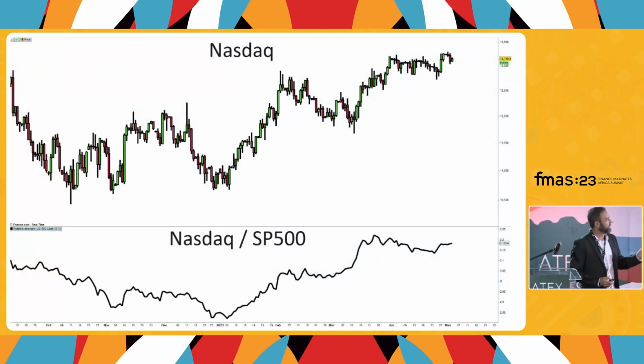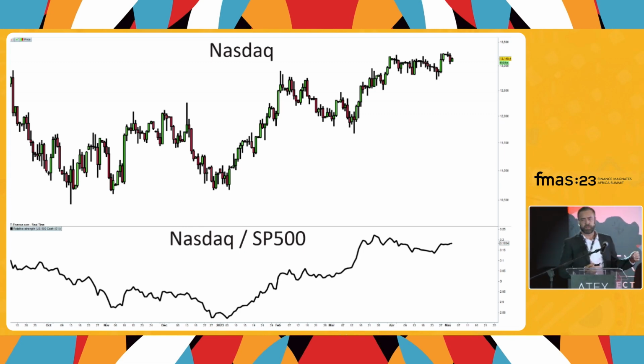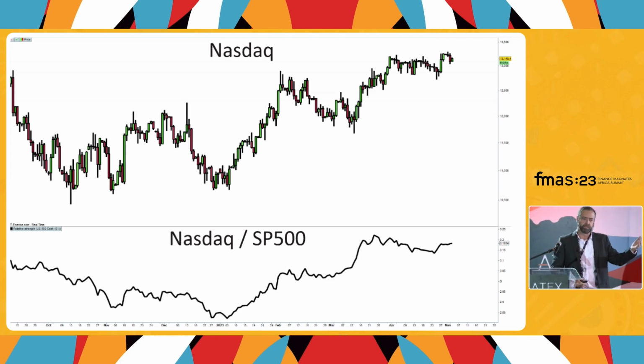So here we have a chart of the NASDAQ. The top chart is the price of the NASDAQ, the performance of the NASDAQ. And below we have the relative strength comparison. It's a ratio, so it's basically the price of the NASDAQ divided by the price of the S&P 500. At the moment you can see that that indicator is rising.